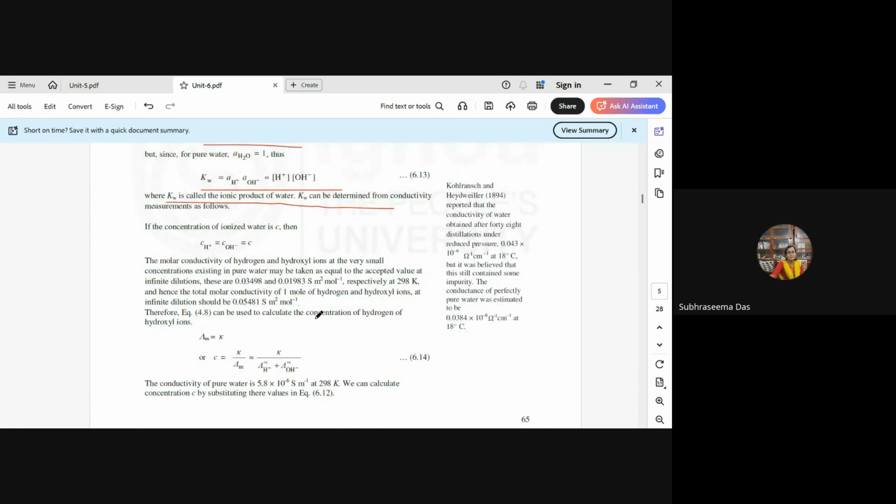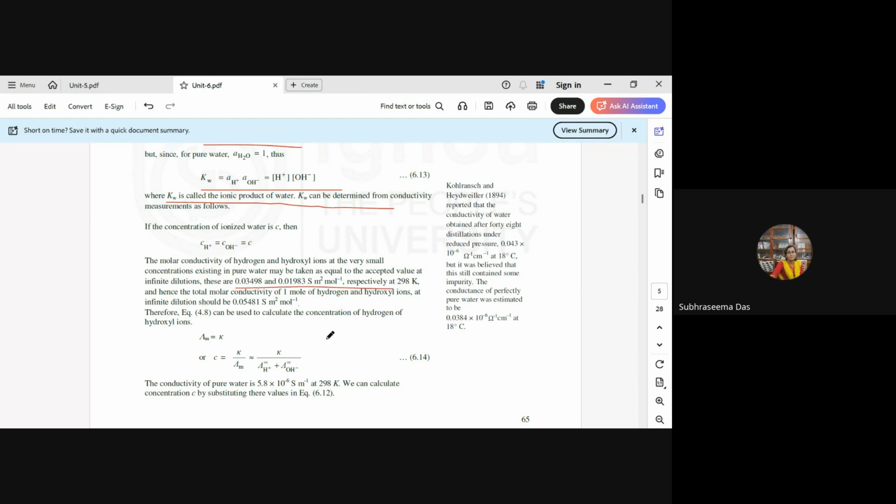It has been found to be 0.4. It can be found by this process, that is C_H+ equal to C_OH-, and the accepted values at infinite dilution have been found to be this.